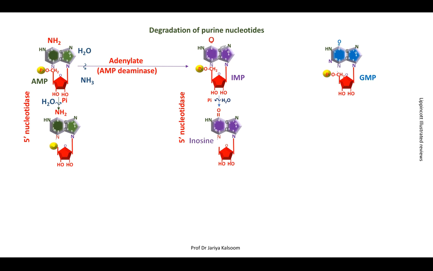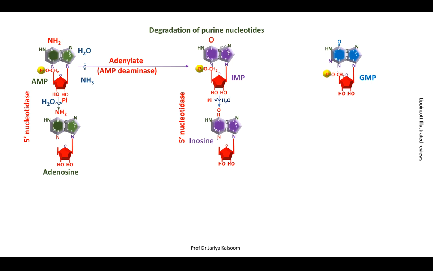Likewise, AMP is converted to its nucleoside form adenosine. Now, adenosine cannot be further degraded unless this amino group at the top is removed.